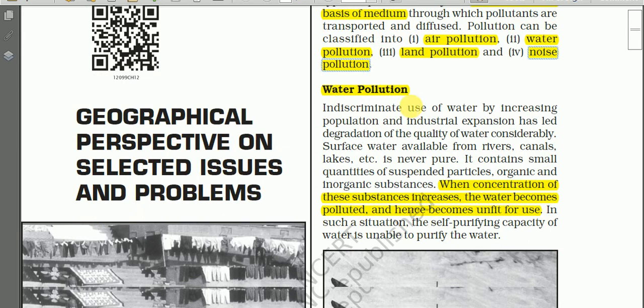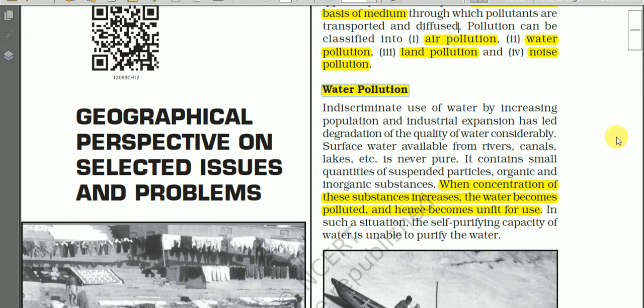And now let us take up this water pollution. Okay, so water pollution, you know, is the contamination of water bodies, usually as a result of human activities. And here how water is polluted is described.